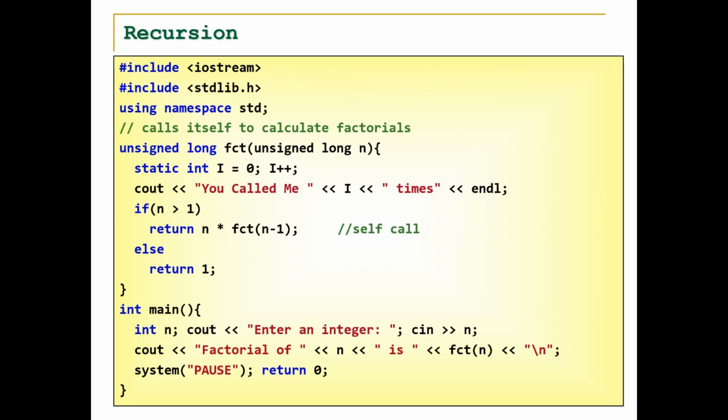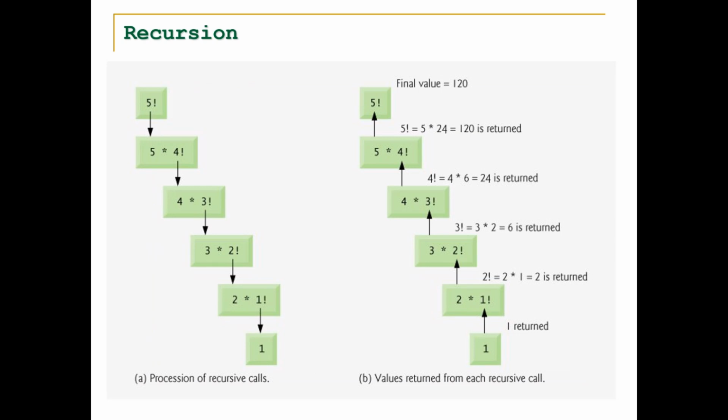Sounds weird, but it's awesome when done right. So factorial(5) becomes 5 multiplied by 4, multiplied by 3, multiplied by 2, and then multiplied by 1. It keeps calling itself until it hits 1, then climbs back up the ladder with the result.